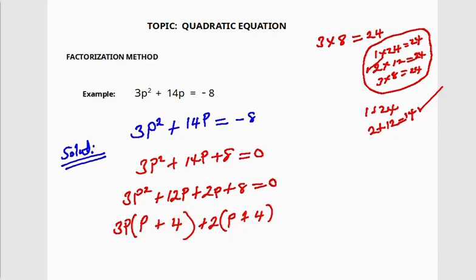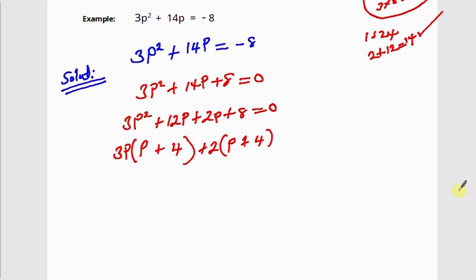So from here, now factor out the common value, which is p plus 4. Bring it out and bring those outside the bracket together: 3p plus 2. So everything will be equal to 0.